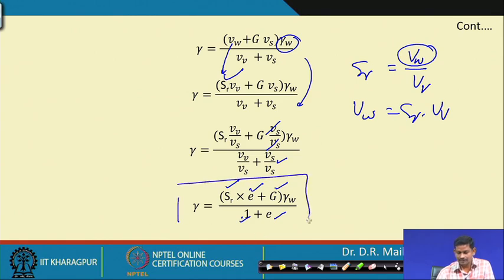That way you get gamma equal to (S_r into e plus G) into rho_w divided by 1 plus e. Okay.